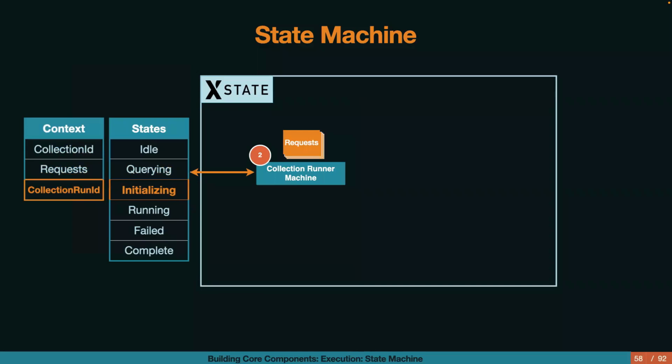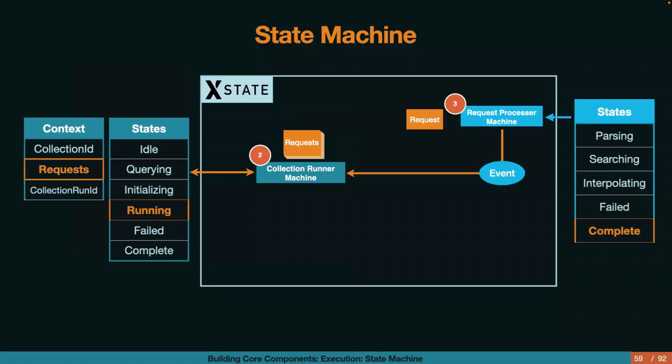From here, each test that belongs to the collection uses a child state machine to handle the logic of processing the request, sending the request, and making assertions on the response. Here's a little more detail on how that works. When the collection runner machine reaches the running state, the request processor machine is invoked.